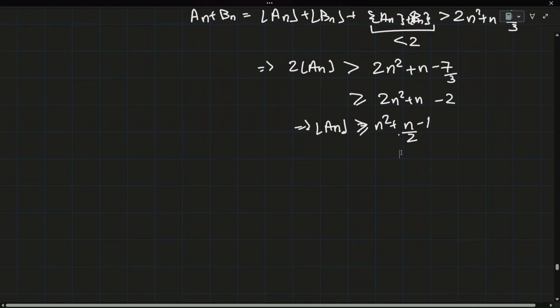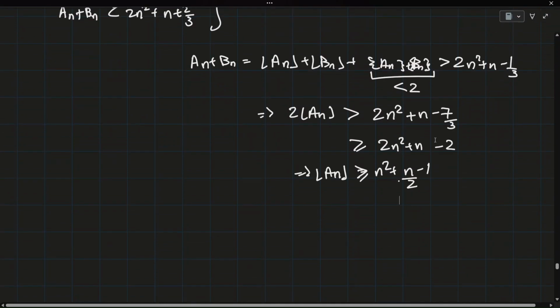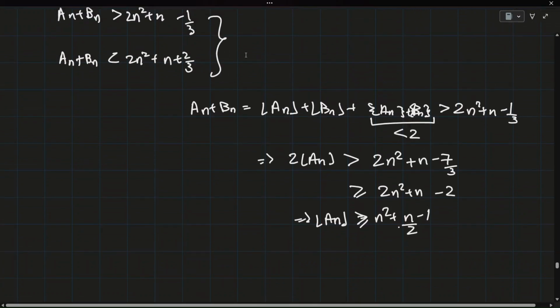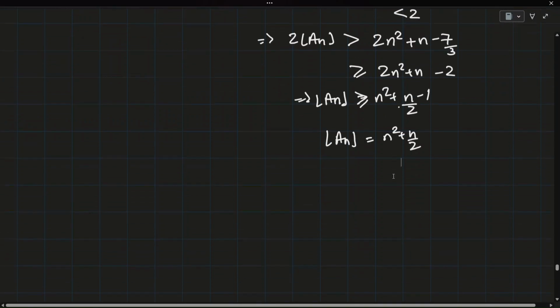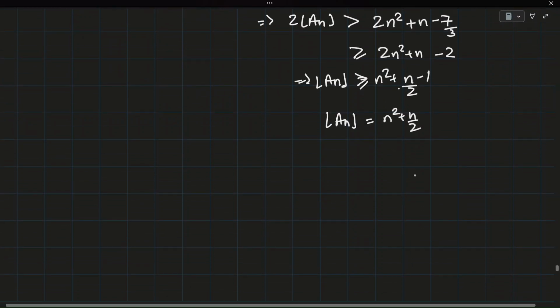Okay, this is what we got till now. Looking at this expression, the most obvious value of greatest integer an seems to be n square plus n by 2. So let's see what kinds of bounds we get from this number.